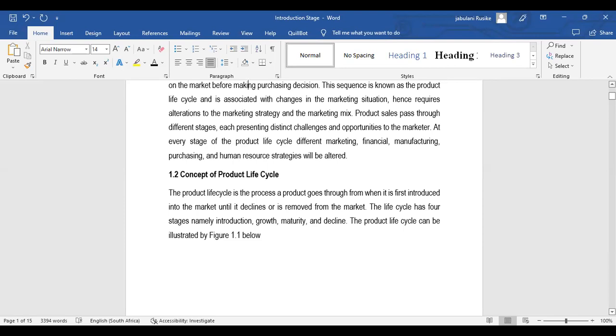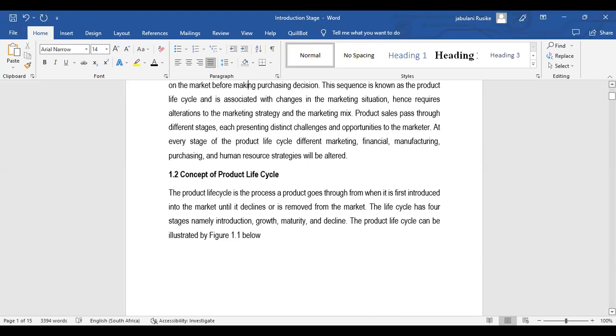You can see it's coming out nicely; you're introducing it bit by bit. Some say the life cycle has 5 stages, some 4. It only depends. Now I'm going to talk about 4. The life cycle has 4 stages, namely introduction, growth, maturity, and decline.